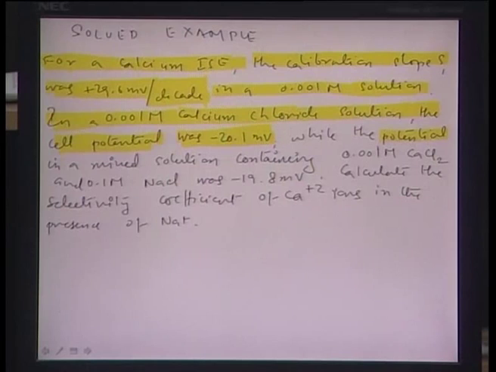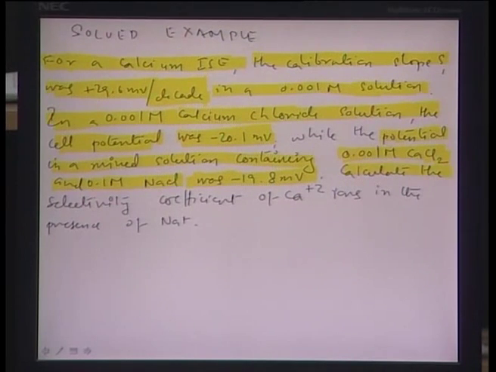The potential in the mixed solution containing 0.001 molar CaCl2 and 0.1 molar NaCl was 19.8 millivolts. So, the pure solution of calcium chloride with the ion selective electrode on calcium measures 0.001 molar, and the mixed solution containing 0.001 molar calcium chloride and 0.1 molar NaCl was minus 19.8 millivolts.